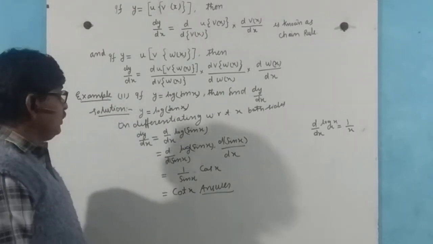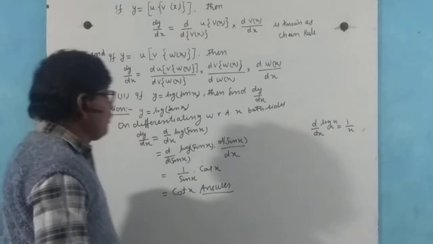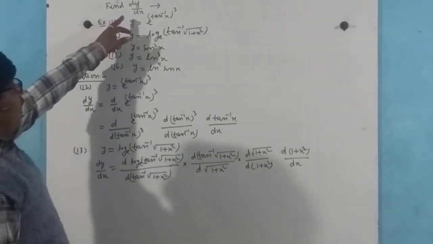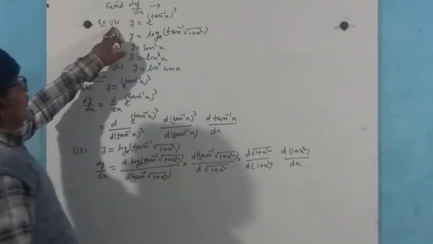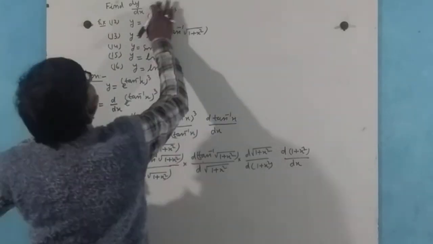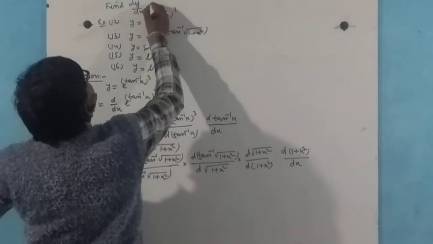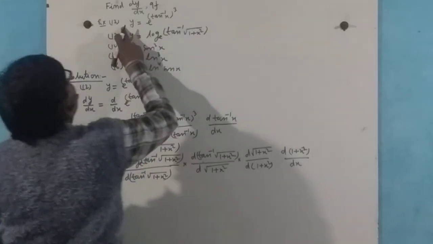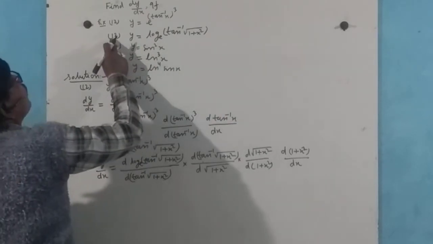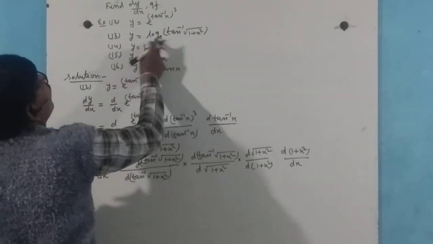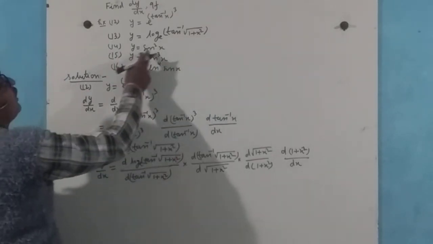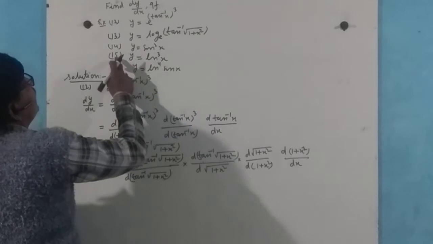Now we take another example. Find dy/dx. Question number 12: y equals e to the power (tan inverse x) whole cube. Question 13: y equals log of tan inverse of the square root of 1 plus x squared. y equals sin squared x.